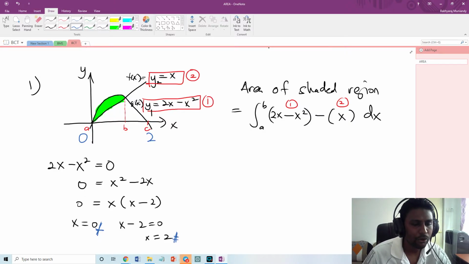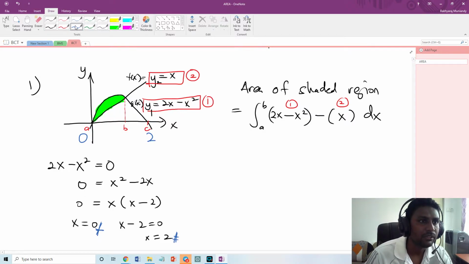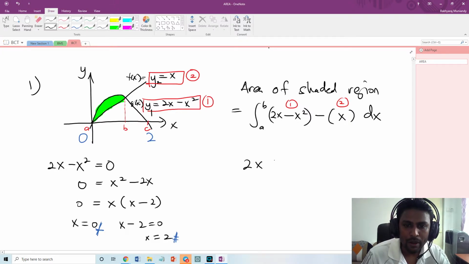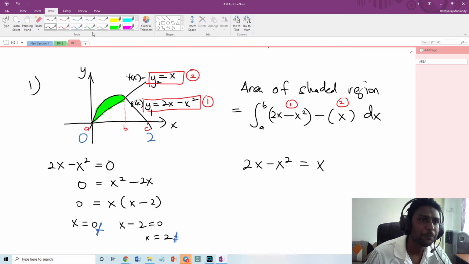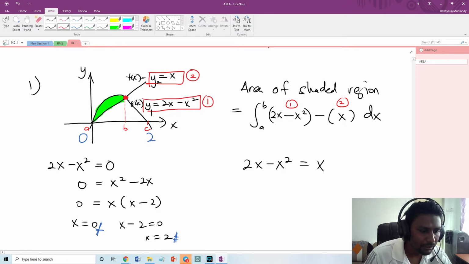Okay, in order to find B, you need to do what? You need to put them equal. 2x minus x square equals to x. Why put equal? Because at this point, in red color, this point, they are equal.